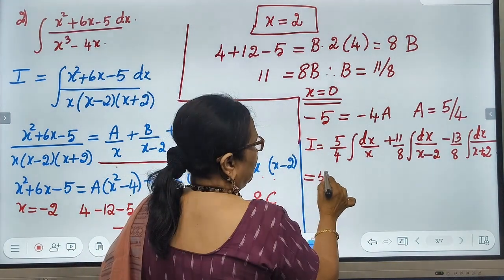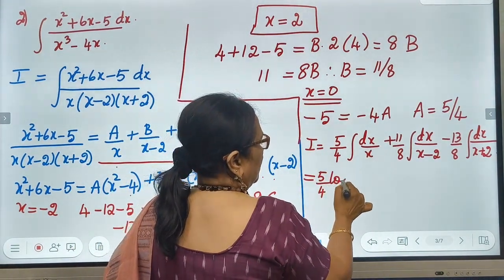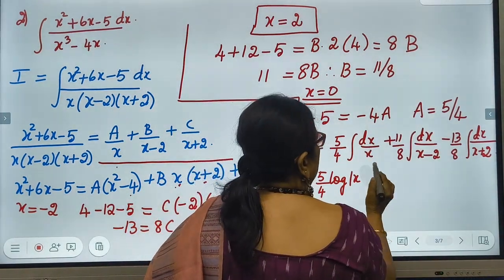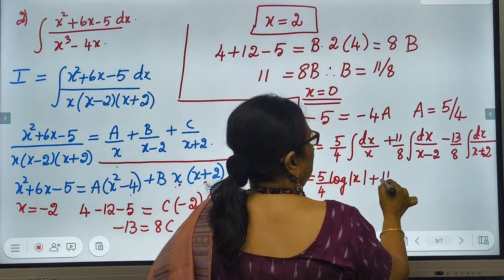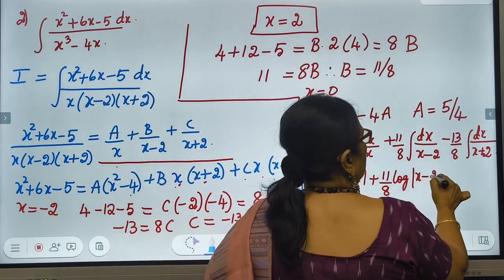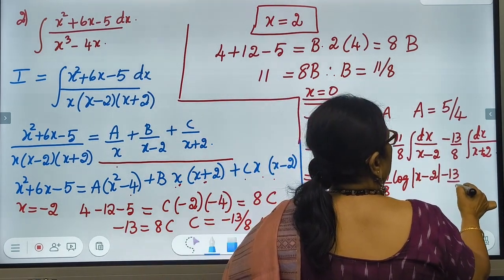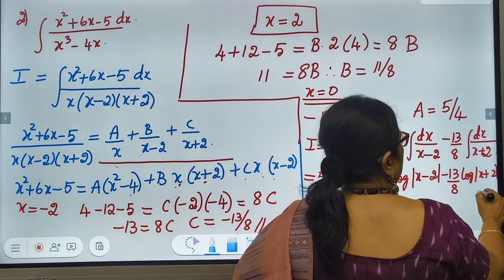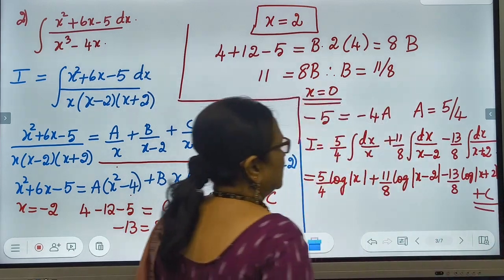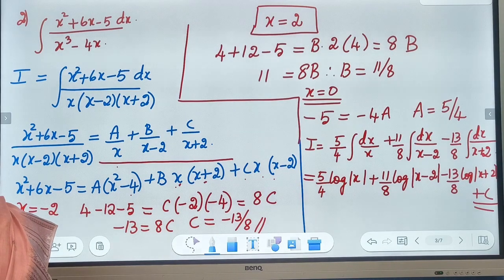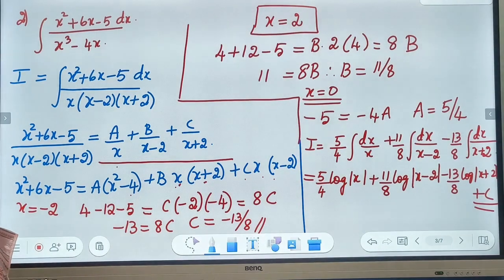Now this is 5 by 4 log mod x plus 11 by 8 log mod (x minus 2) minus 13 by 8 log mod (x plus 2) plus c. So is it clear how to use partial fractions in integration?